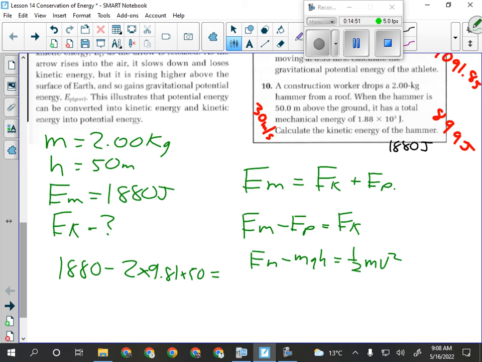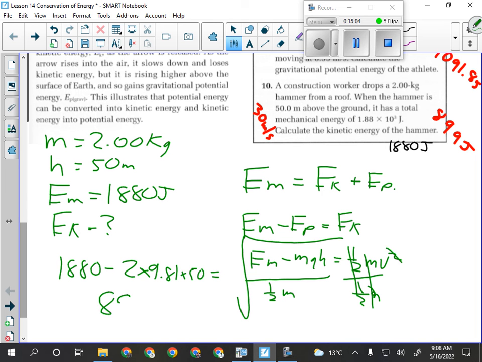If I wanted to get v, I just divide both sides by half of m, then square root. I could solve for it directly. Or I can just take the number I just calculated, 899, and divide by half of m and square root. That'll also give me v. It's the same thing.